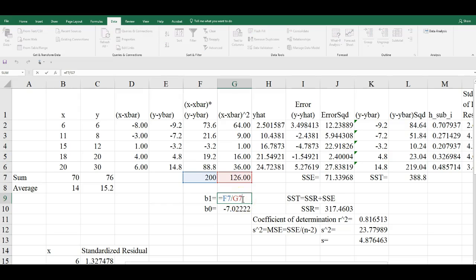And the equation for B1, which is the slope, is the ratio of the sum of the products of the deviations divided by the sum of the squared deviations of x minus x bar. That gives you B1.